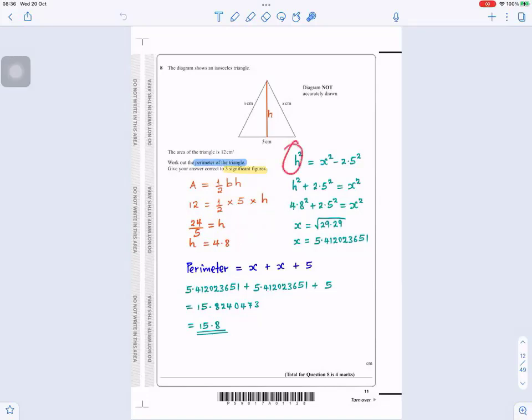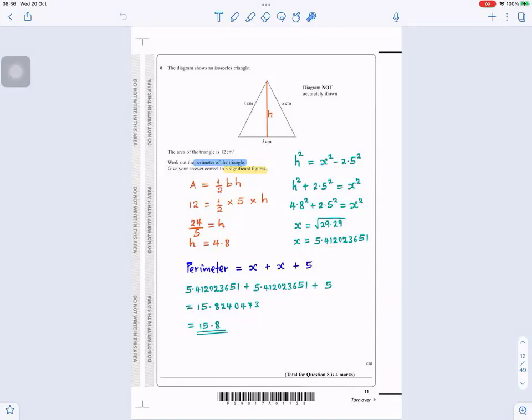We have h squared is equal to x squared minus 2.5 squared, because 5 divided by 2 is 2.5, and that's 2.5. So we have 4.8 squared plus 2.5 squared is equal to x squared. So x is given by the square root of 29.29, which is 5.41.